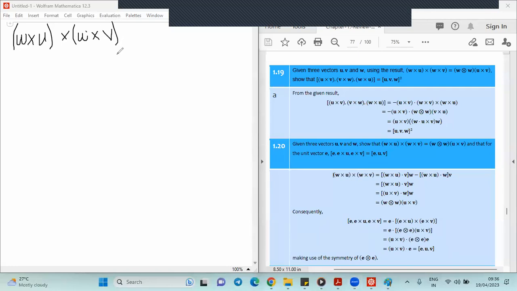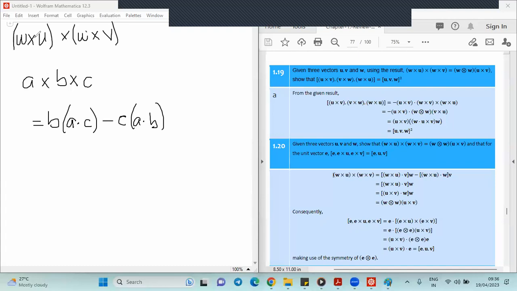There's a rule that we should all be familiar with, I believe, right? When you have A cross B cross C, essentially, it gives you B(A dot C) minus C(A dot B).